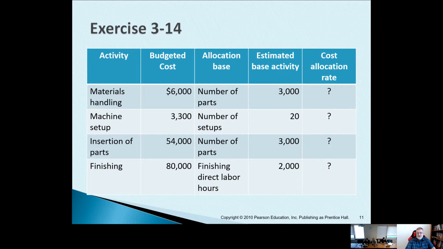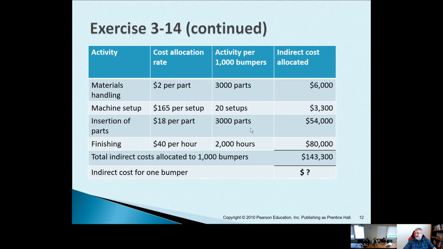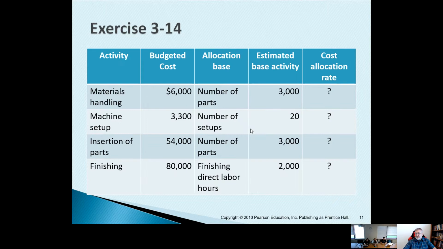So what's going to be my cost per part for inspection? 18. Say that again? 18? I'm not doing the math here, so I'm trusting you guys are punching the numbers in right. I think it's 18. Oh, yeah, 18. Okay.